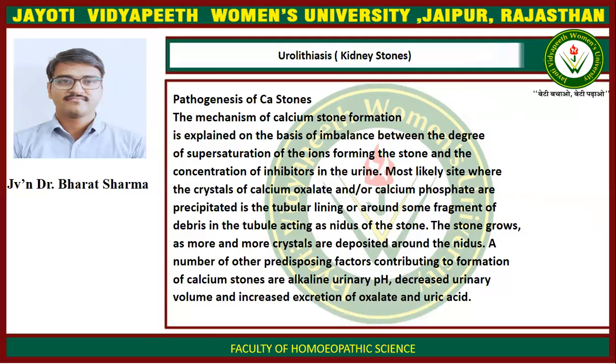The stone grows as more and more crystals are deposited around the nidus. A number of other predisposing factors contributing to formation of calcium stones are alkaline urinary pH, decreased urinary volume, and increased excretion of oxalate and uric acid.